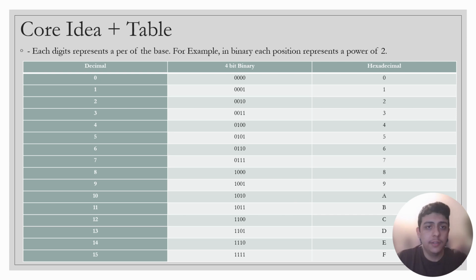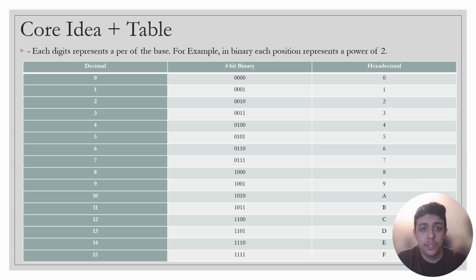Alright, so this slide is really just going over how important the concept is within the entire presentation. The core idea is that each digit in a number represents a power of the base. For example, in binary, each position represents a power of 2, like 2 to the power of 0, 2 to the power of 1, 2 to the power of 2, and so on. The same idea applies to decimal with the powers of 10, and hexadecimal with the powers of 16.